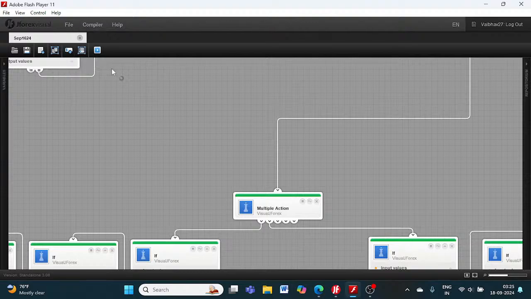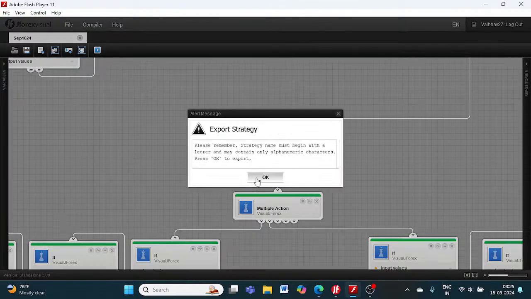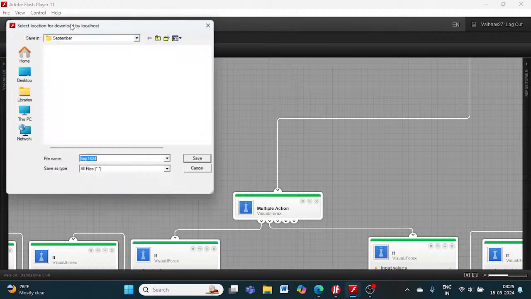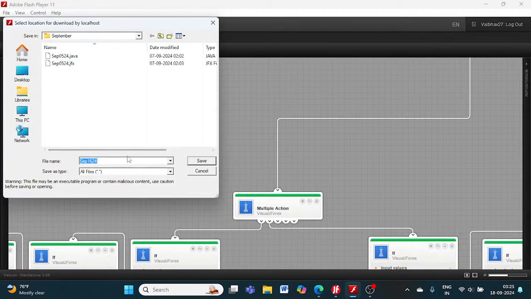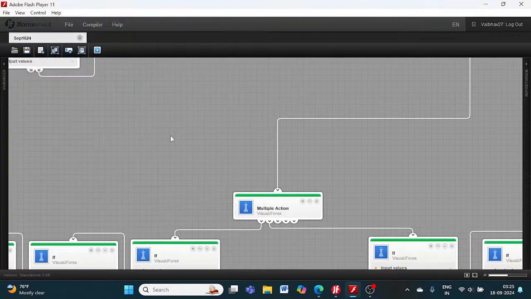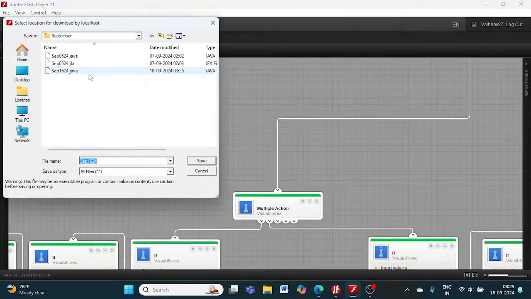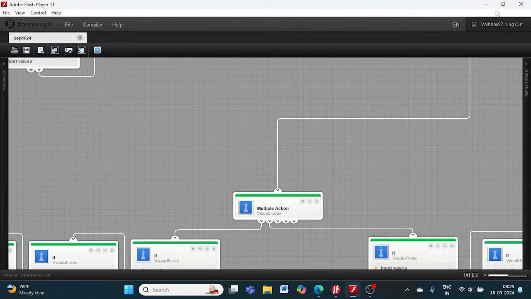Export. Let me check it once again. Okay, here it is already there.